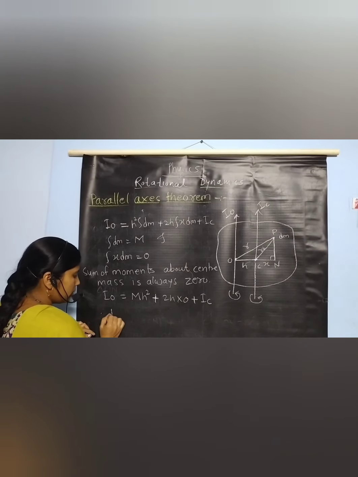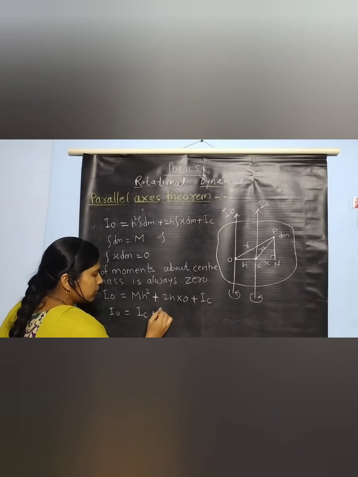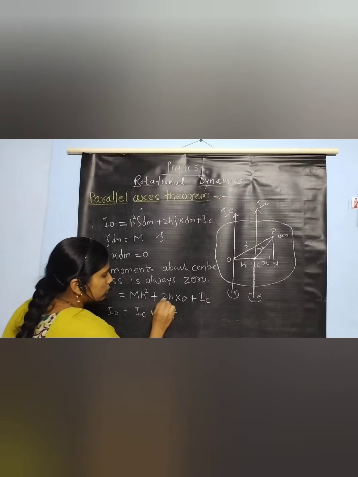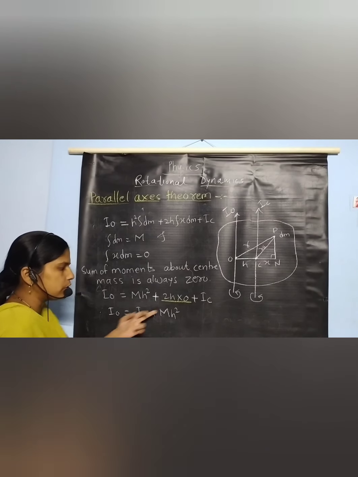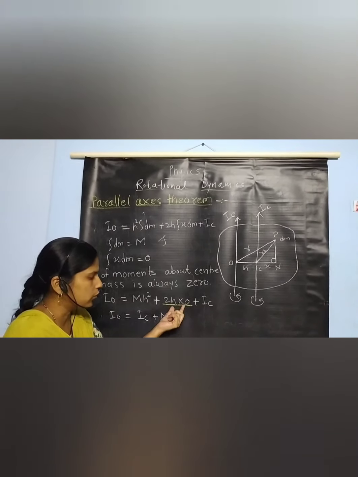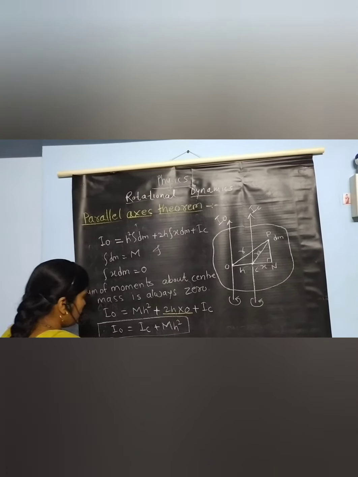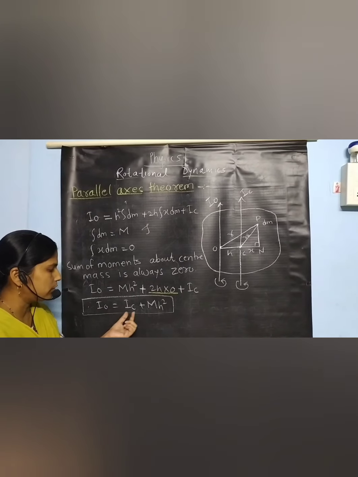Therefore, IO is equal to IC plus Mh square. This whole term is equal to 0, because if you multiply any term by 0, the product is 0. And this is the proof of the parallel axis theorem: IO is equal to IC plus Mh square.